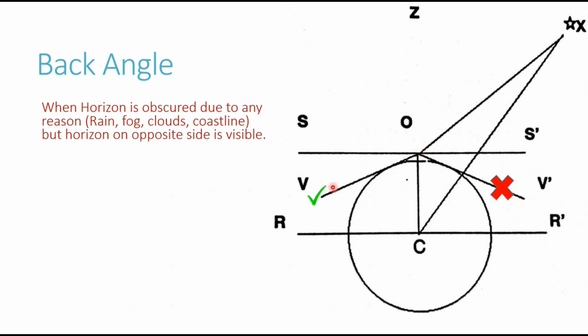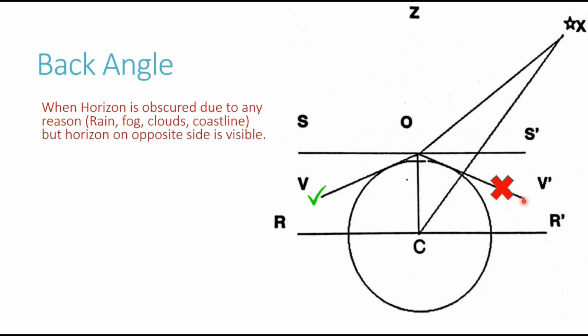This is the situation where the back angle method can help us. Even though the horizon in the direction of the body is not visible right now, we can still obtain the altitude of the body using the back angle technique.